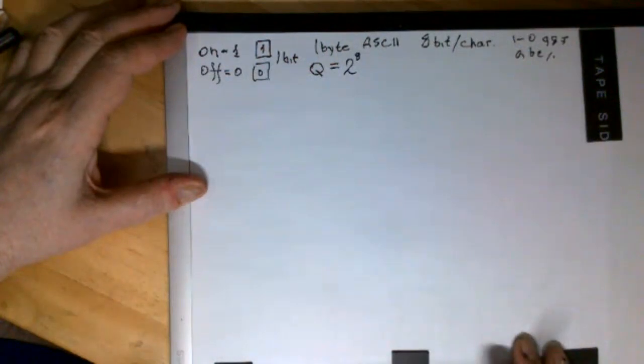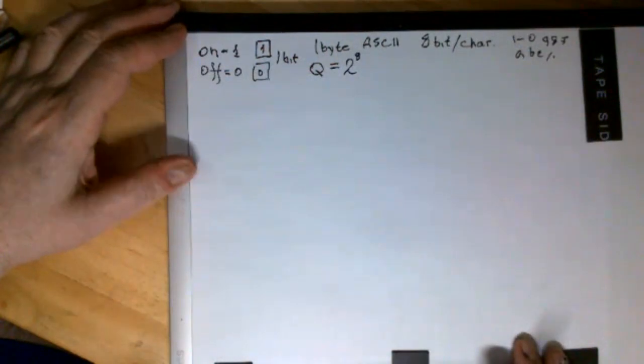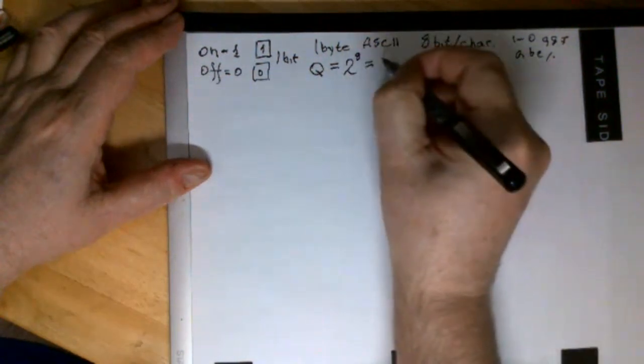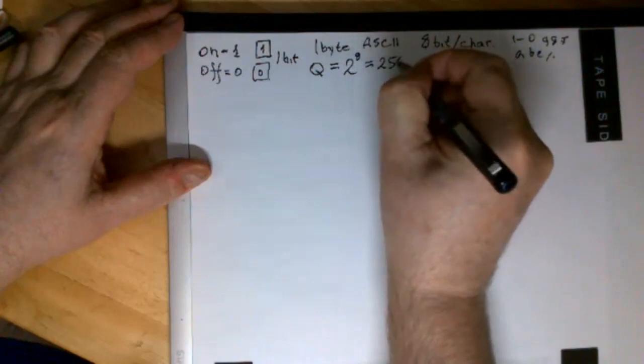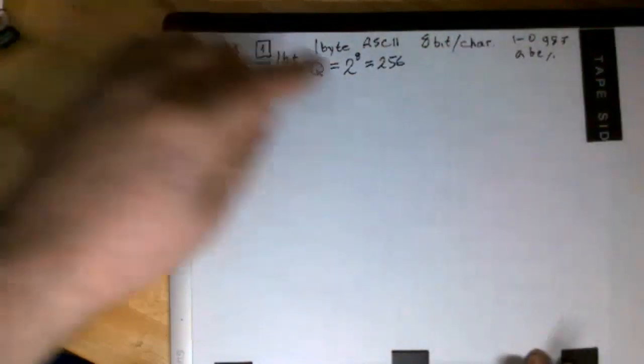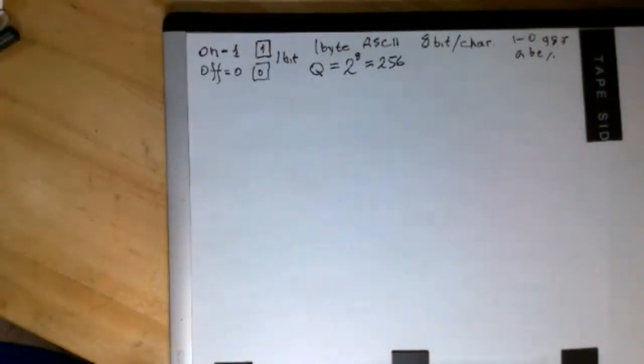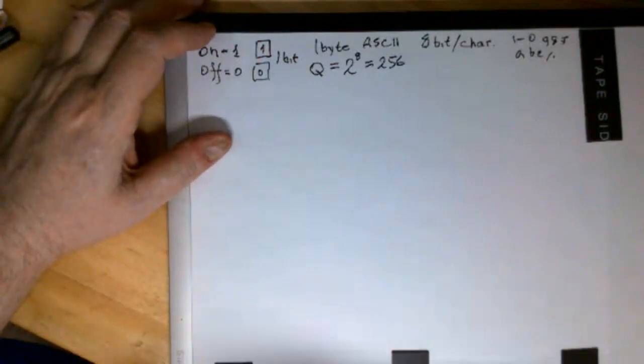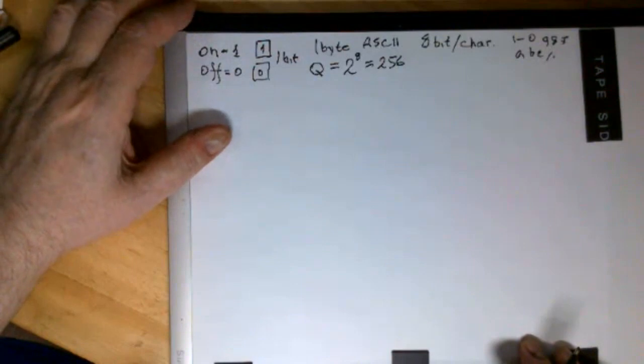We need to multiply 2 by 2 by 2 by 2, 8 times. So that will be 256. So ASCII code, by the way, allows you to encode in the binary system 256 different variations of alphanumeric information.